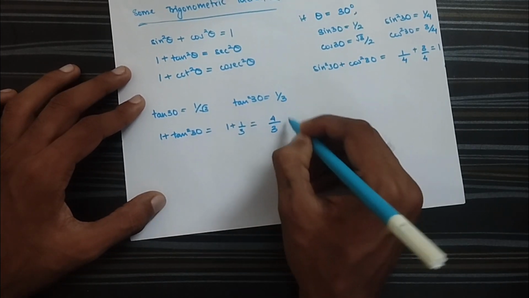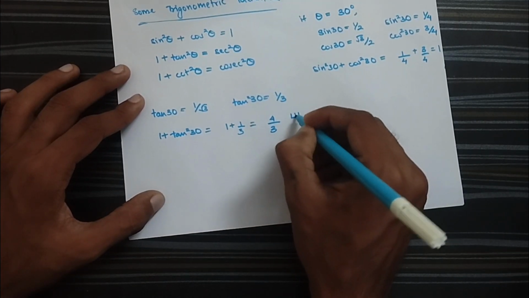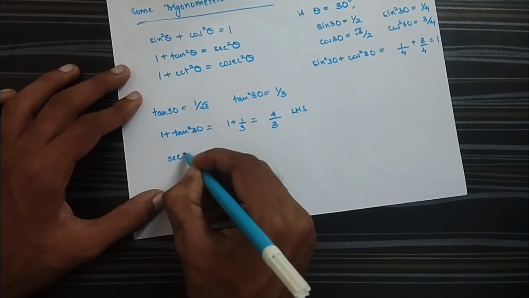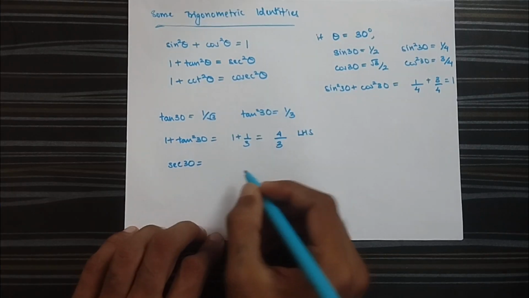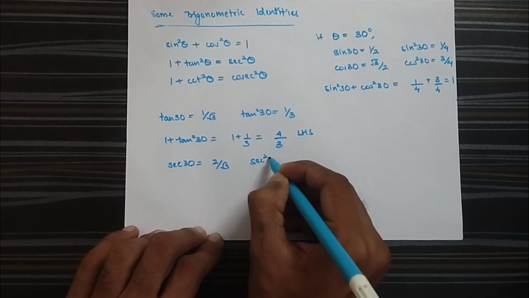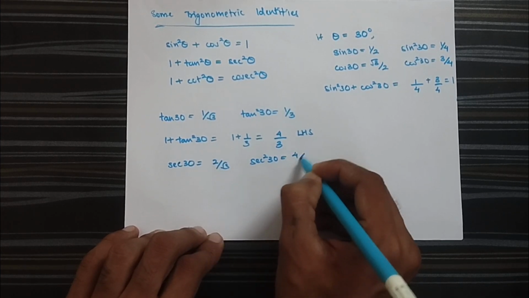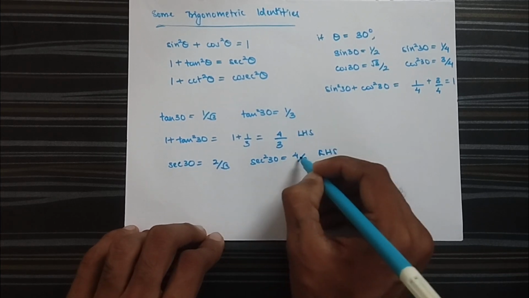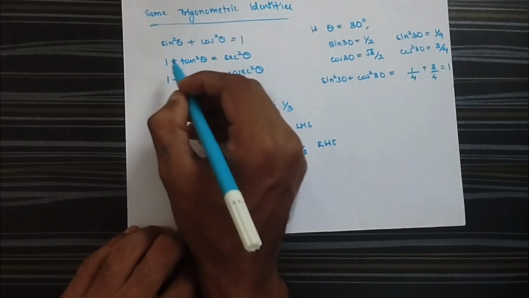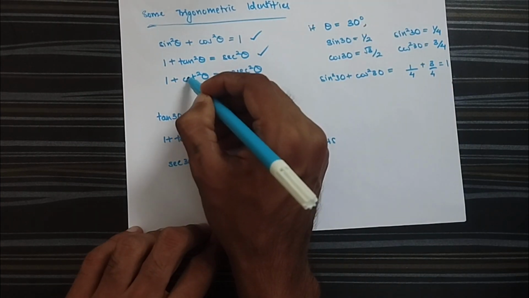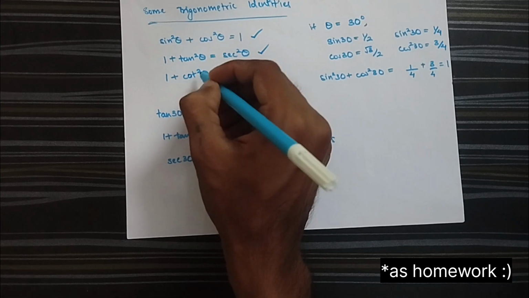This is the LHS. And we know sec 30 is 2 by root 3, and sec square 30 is 4 by 3, which is the RHS. These do indeed line up, so they are equal. Hence, this identity is proven. You can do the same for cot too, if you like.